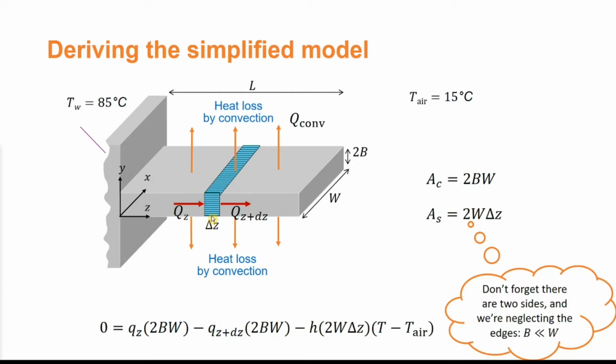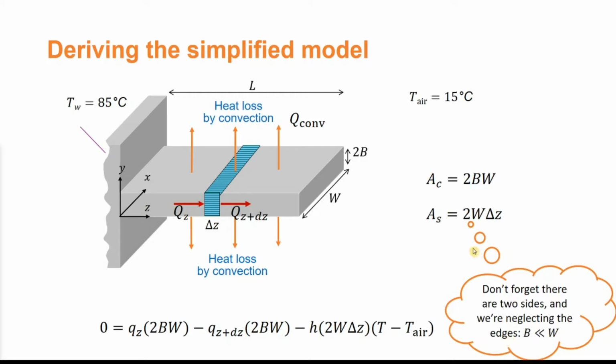So the overall area, AS, is 2W times delta Z. We are neglecting the areas on the sides. In other words, we are also assuming that B is so much smaller than W, so that the heat transfer from the edges won't contribute much.